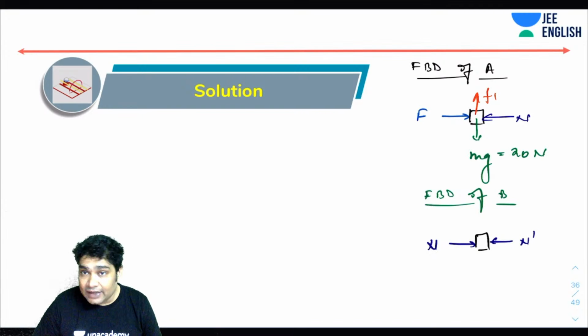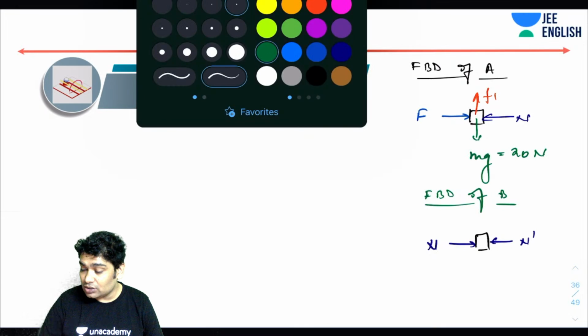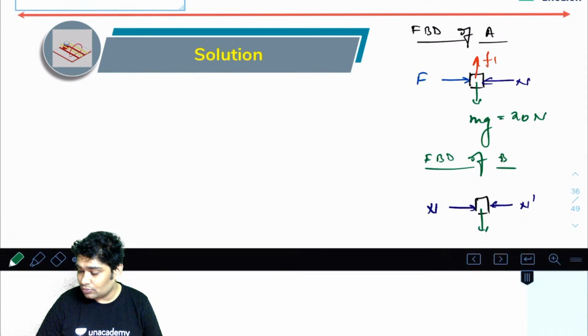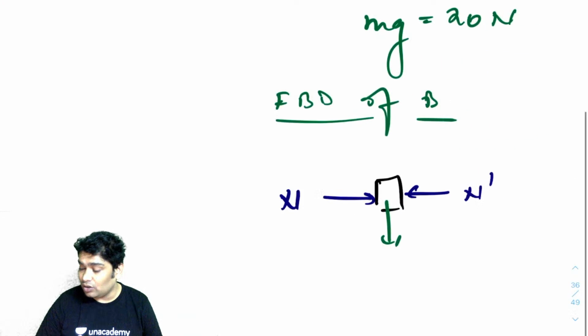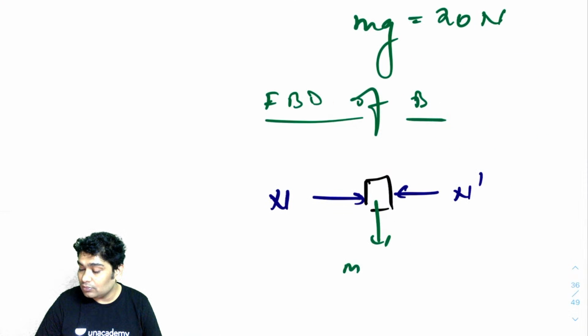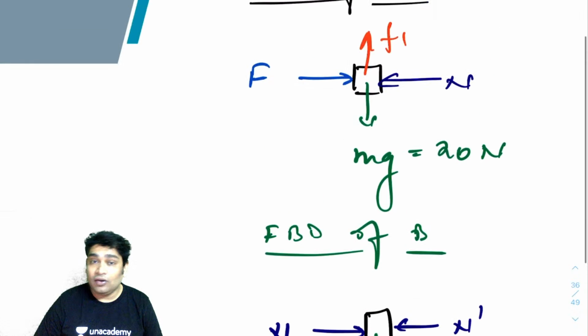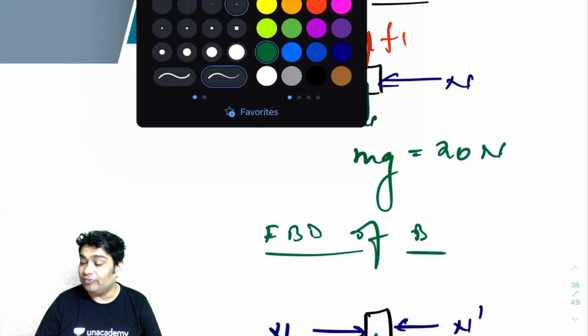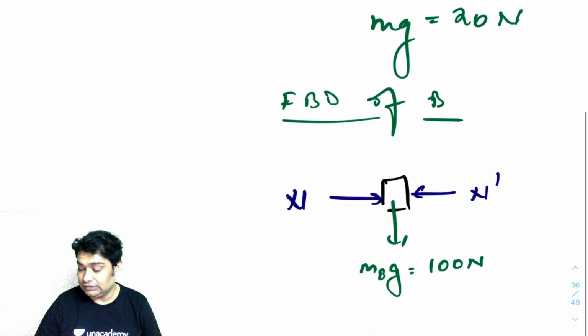Okay. Next, it would have felt its own mg, which we can call mbg, which you know is 100. Then, if B applied a friction on A, which was upward, A would have applied a friction on B, which would have been downward.